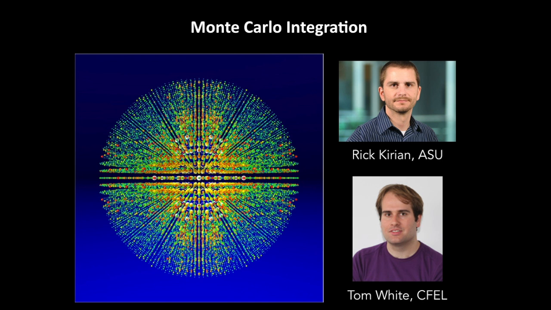There were two guys working on this, Rick Kirian and Tom White, and they just tried, okay, let's just use the indexed values, and we just sum them all without caring for the fact that we don't know the wavelength and we don't know the exact partiality, and just hope for the best. And it kind of worked out.